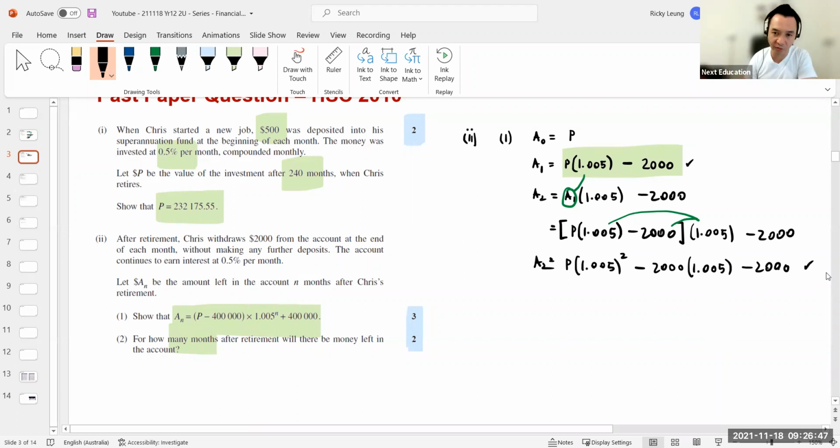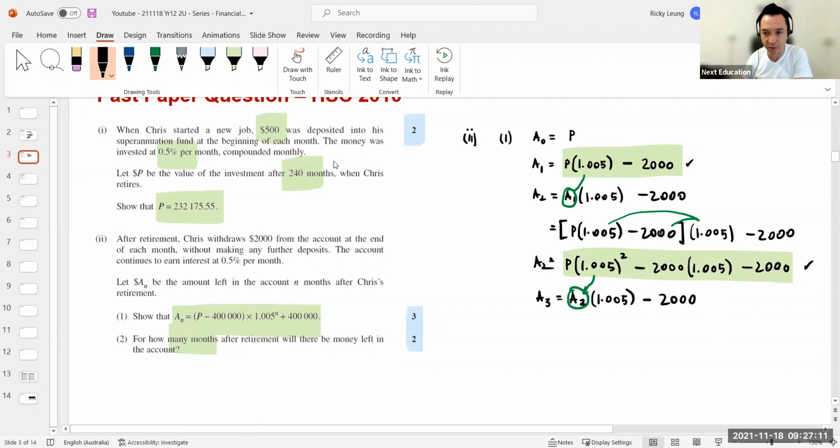Let's do it once more for A3. It depends on your teacher, but I always say to my students, go to A3, because then you can really demonstrate the pattern for you to extrapolate to An. Once again, this guy falls into here.